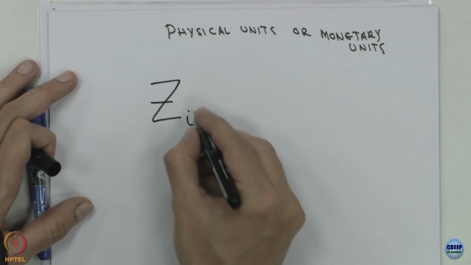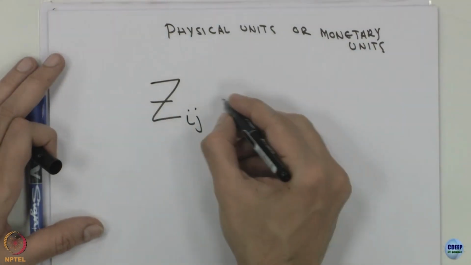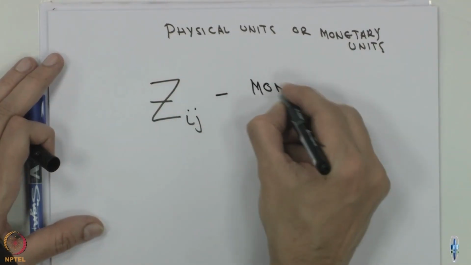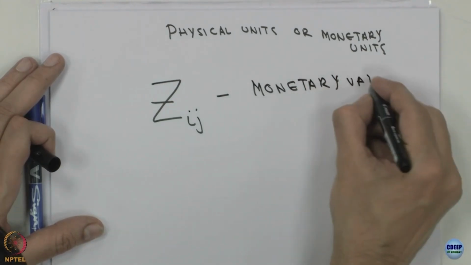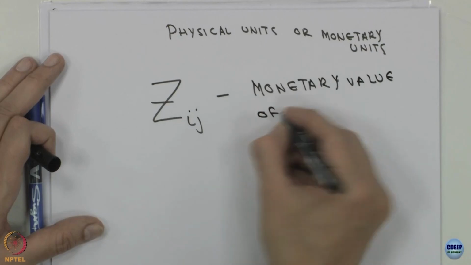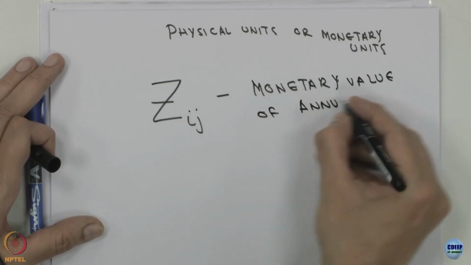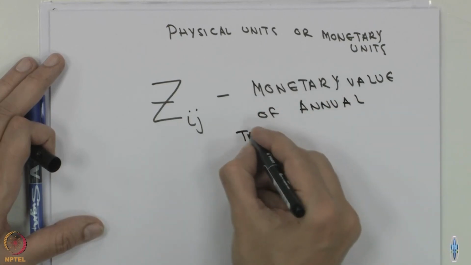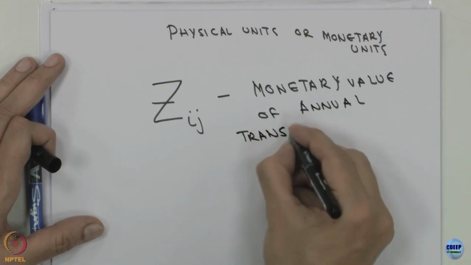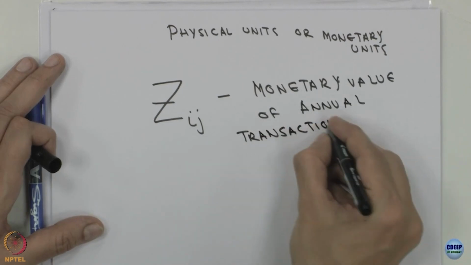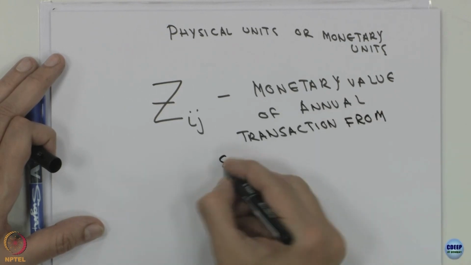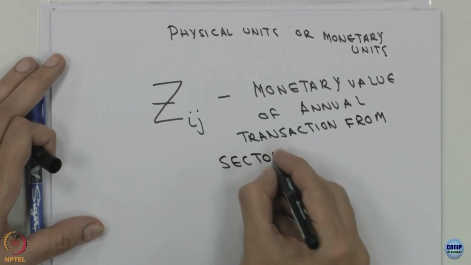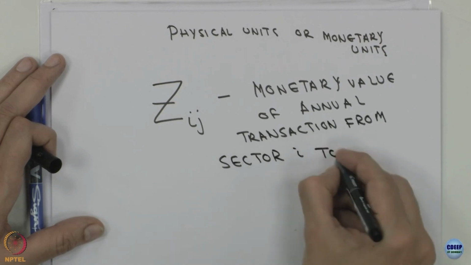So essentially we can put each transaction as Zij, which is the monetary value of the annual transaction from sector i, which is the producer, to sector j.